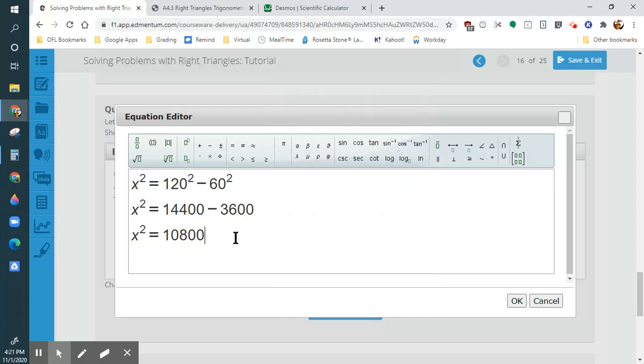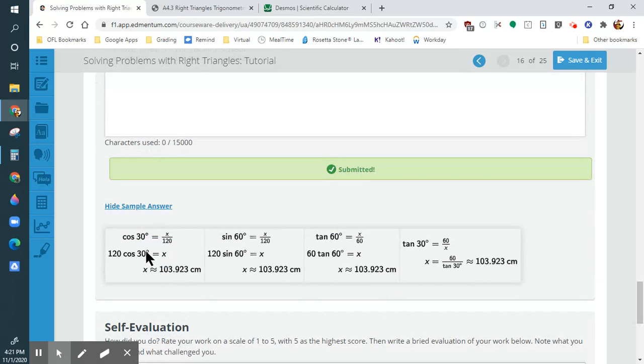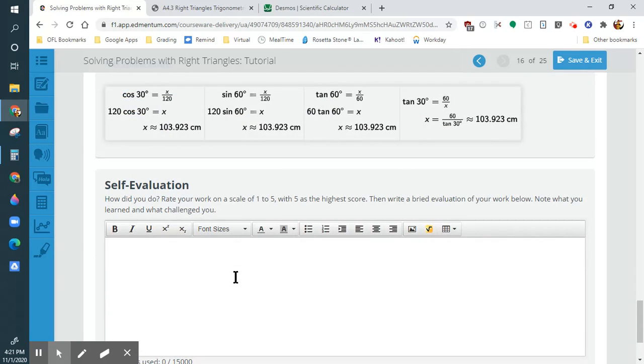By using that many decimal places, you see that a lot of that round-off error was not even a problem. Boom. Then you'll see all three methods right here.